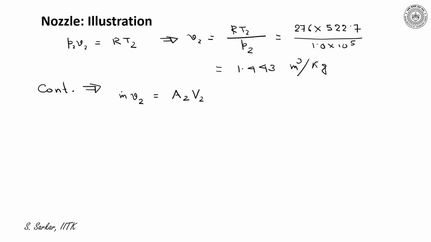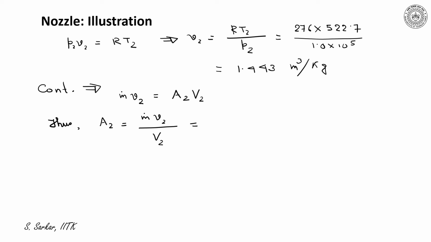Thus A2 is equal to M dot v2 divided by capital V2, capital V2 being the velocity.